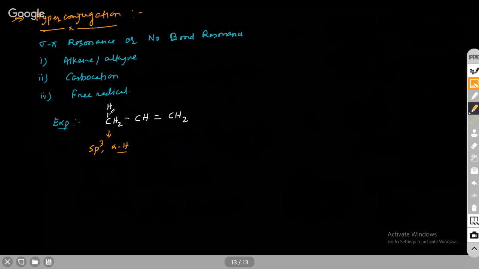This sigma converts into pi, and this pi converts into a lone pair here. The hyperconjugative structure of this will be CH2, this hydrogen will be present here as H plus only, double bond CH, single bond CH2, lone pair, negative charge. Since sigma converts into pi, we call it sigma-pi resonance, and since H plus is present there without any bond, we call it no bond resonance.